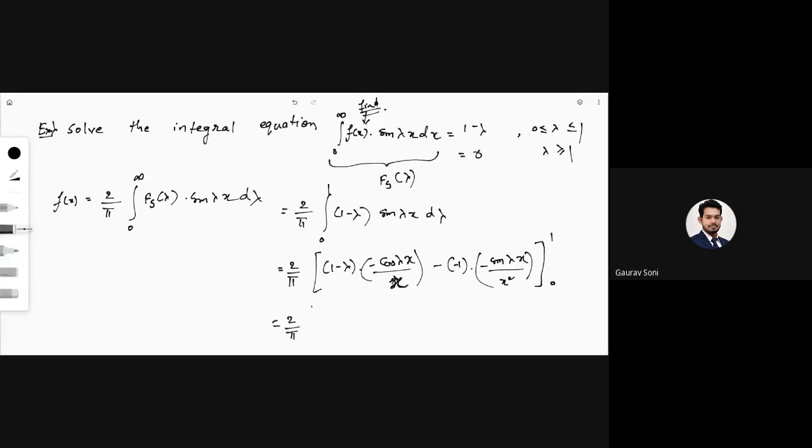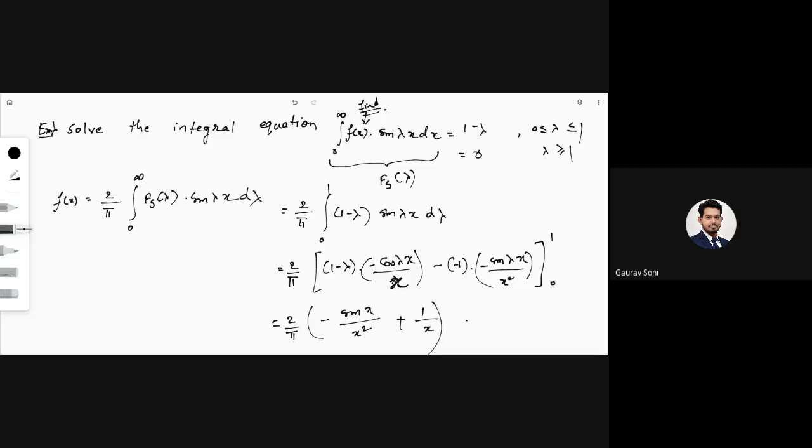Let's put the upper limit: 1 minus 1, so the first term will be 0. In the second term we'll have minus minus minus, triple minus, so minus sin x by x square. Now you put 0: 1 minus 0 will be 1, cos 0 will become 1, and that minus sign will make this plus 1 by x.